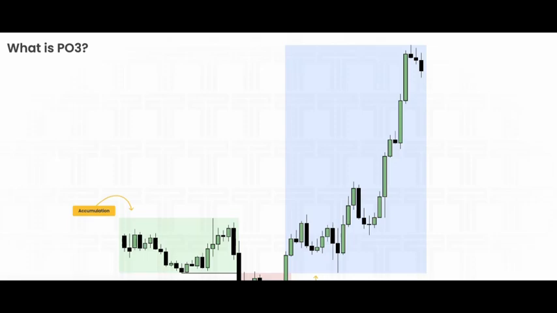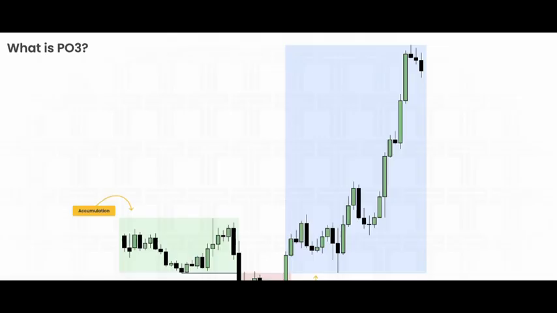So whatever I've taught you so far, the fair value gaps, the order blocks, you don't have to apply it yet until we get to the model. All right, so now we're going to learn about ICT power of 3.